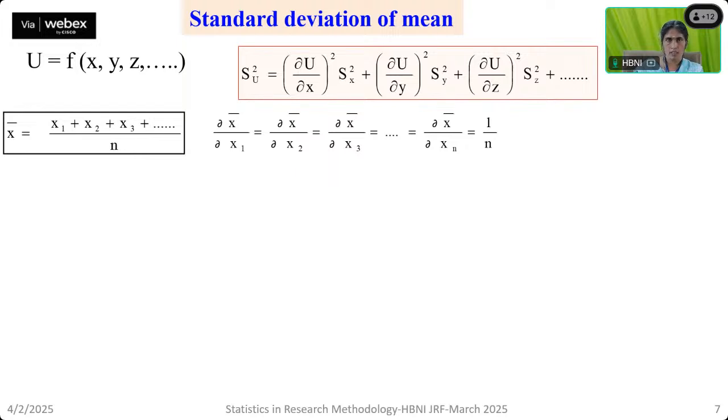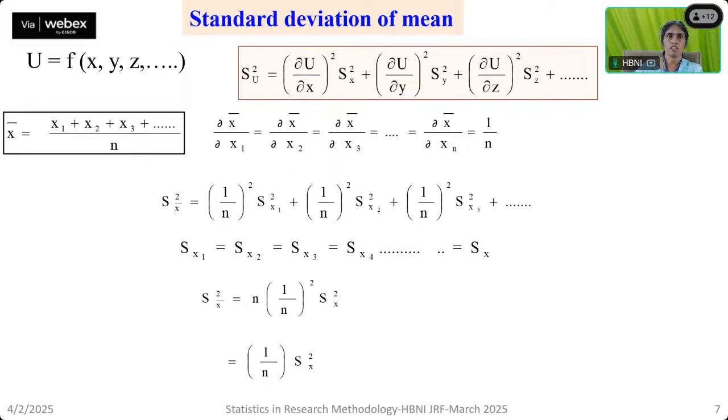Then the final propagated uncertainty will be nothing but the sum of the squared partial derivatives times the squared standard deviations of the individual measurements. So this way you will get that the square of the standard deviation of the mean is nothing but 1 by n times the squared standard deviation of the individual contributors.